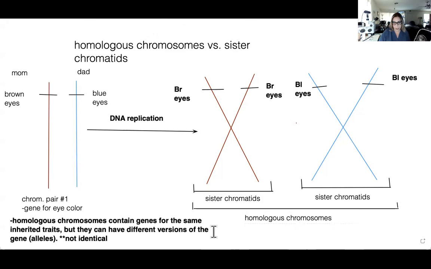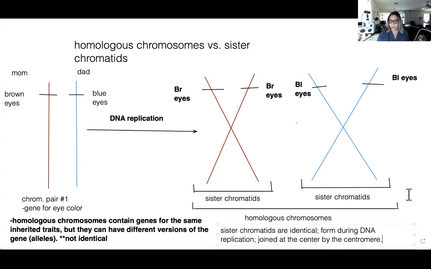So what I'm going to write down here is that sister chromatids are identical. They form during DNA replication. And one other piece of information, they are joined at the center by the centromere.